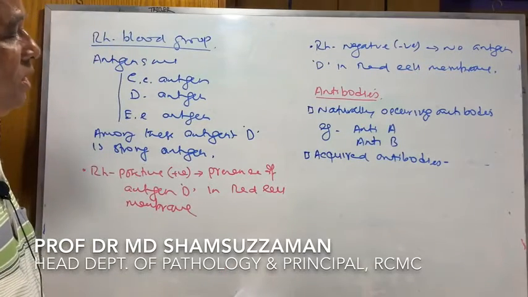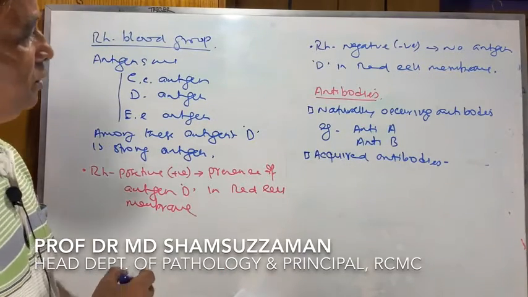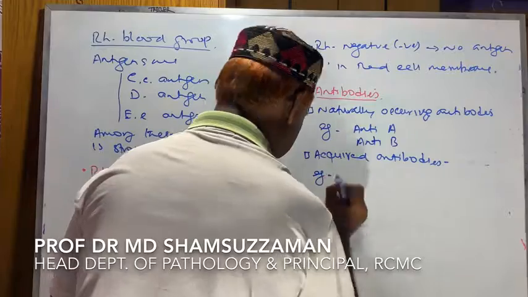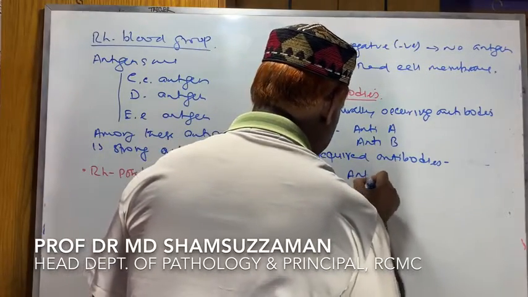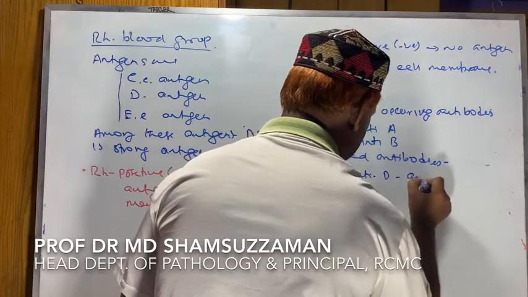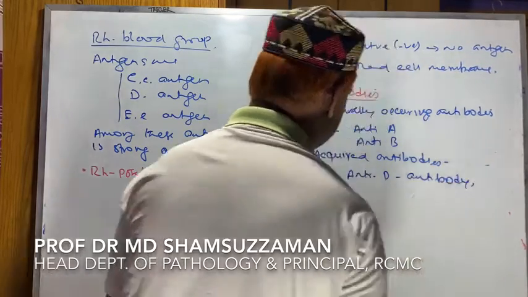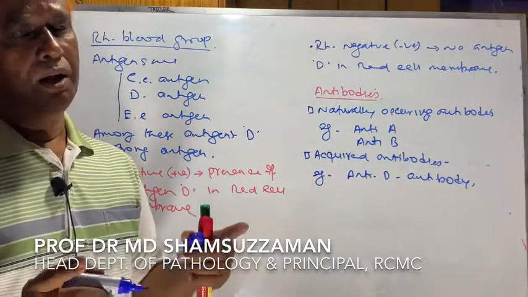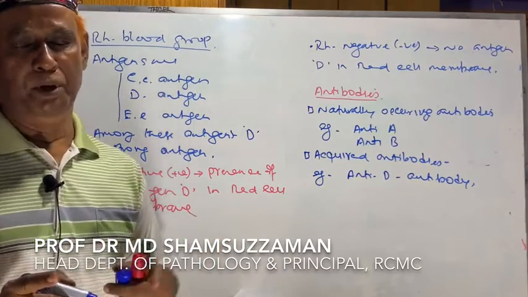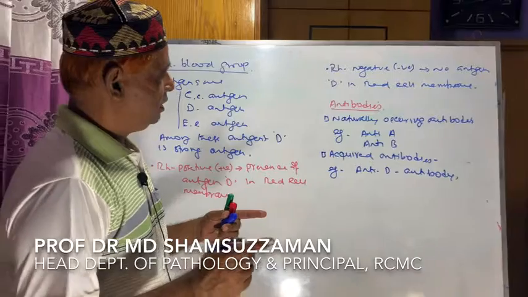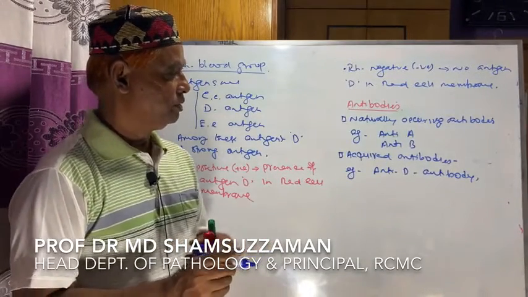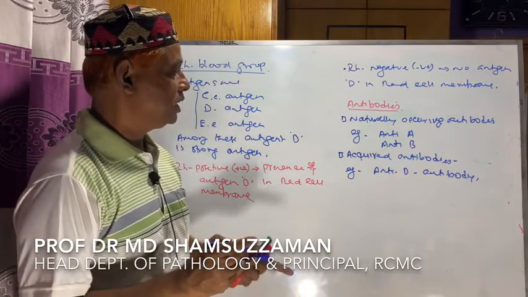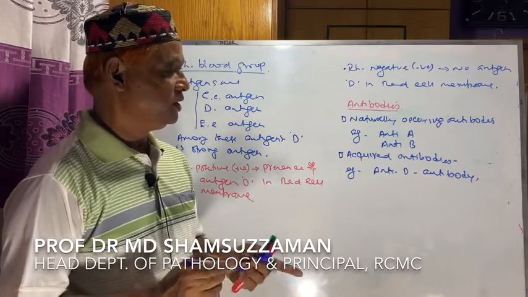The acquired antibodies are formed due to presence of antigens, for example anti-D antibody. When an Rh negative individual is transfused with Rh positive blood, there is production of acquired antibodies, that is anti-D antibody.